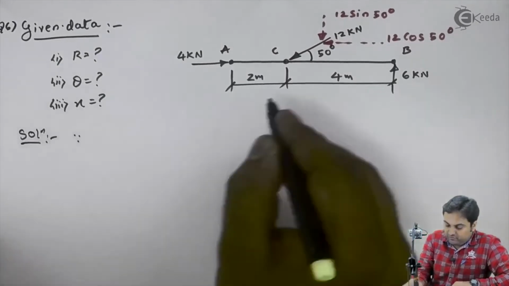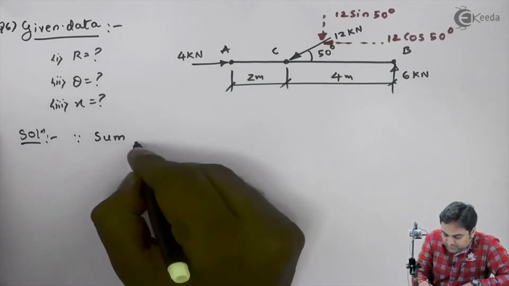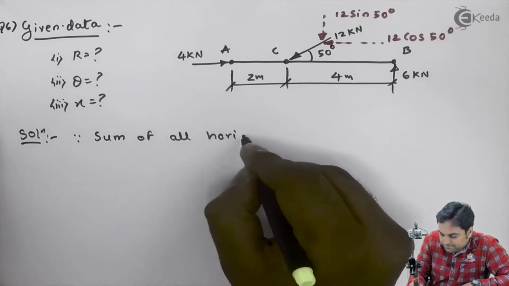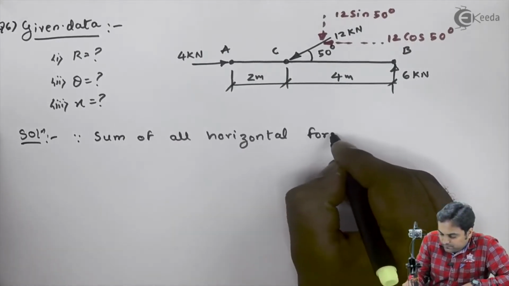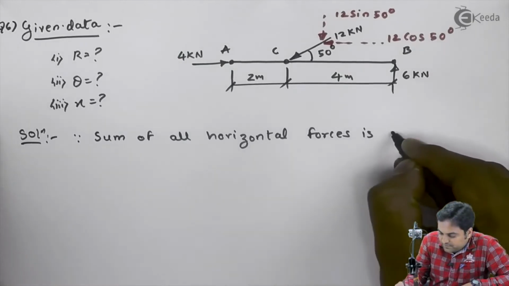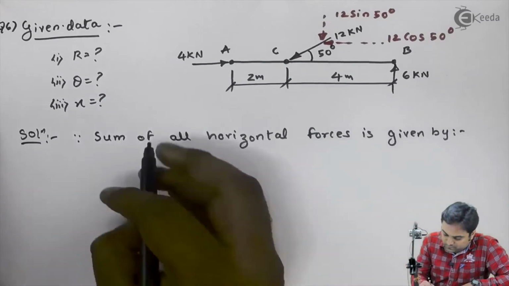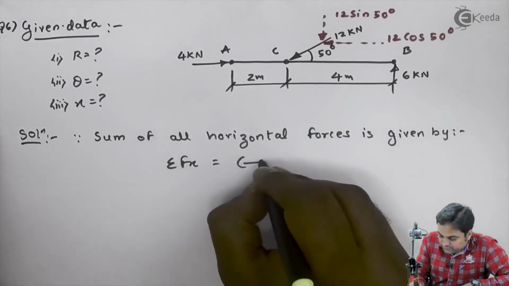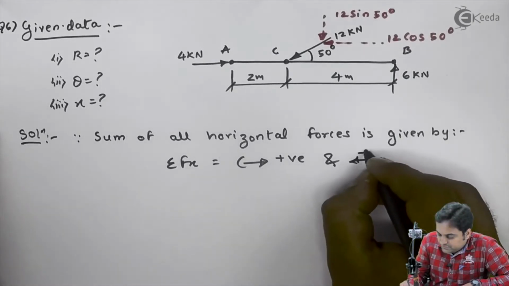Now I can write the solution for this problem. Since here I have horizontal as well as vertical forces, I'll write down the sum of all horizontal forces, given by summation Fx, with rightward forces positive and leftward forces negative.